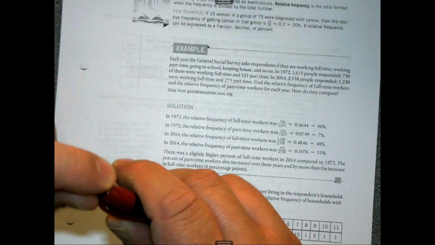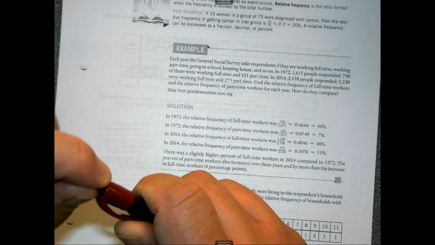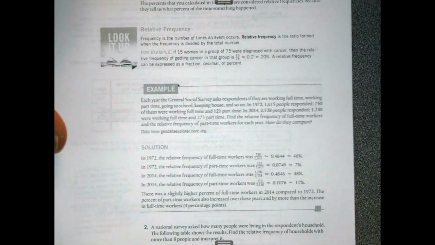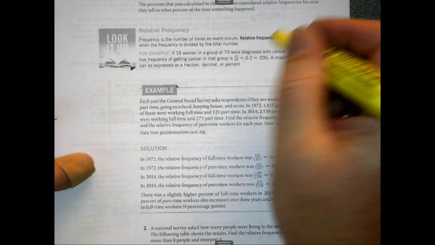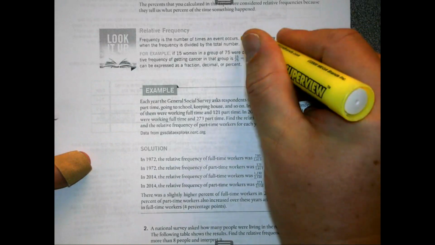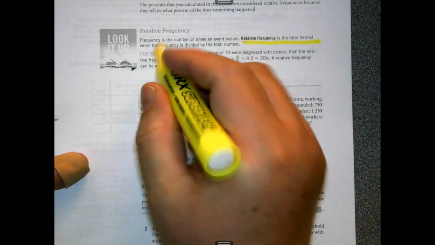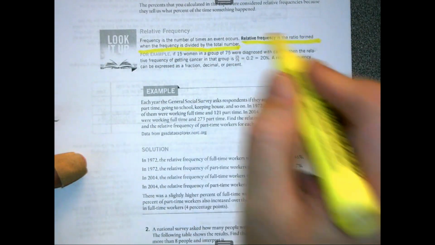Do you remember how to find the percent? Of course we do. We just did it. Why is a relative frequency also considered a probability? Well, we don't even know what relative frequency is, right? So let's define that. Relative frequency is the ratio formed when the frequency is divided by the total number.